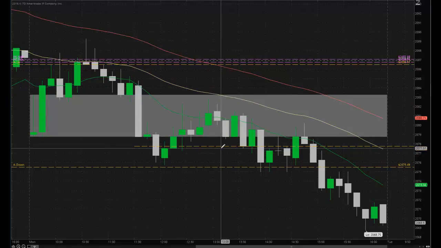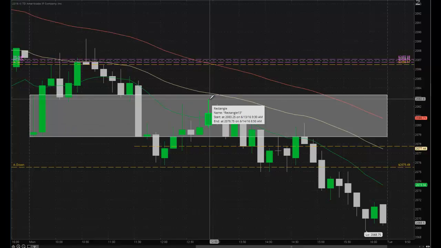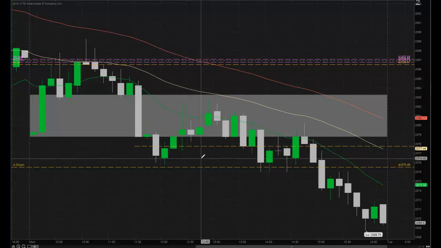Now also, another point to point out is look at the moving average lines. They're all stacked and sloped to the downside, and you're approaching the middle line here, and that's another good place to short. Now, one thing that Fisher talks about is what he calls the moving average fake out, okay?